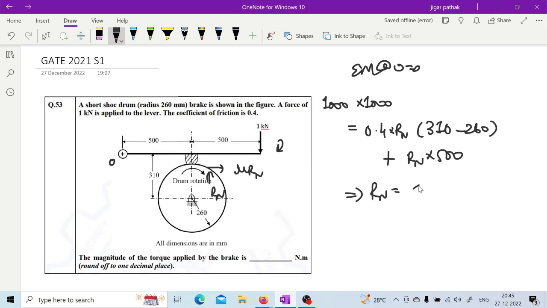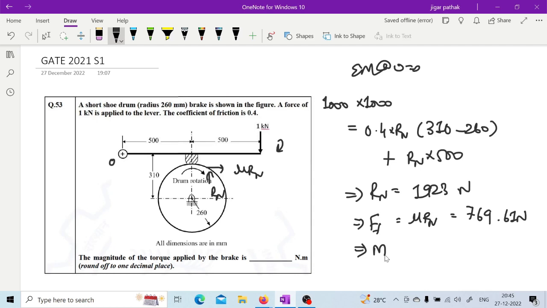It is almost around 1923 Newton. So once you have this Rn, you can calculate the frictional force as mu Rn. Mu is given as 0.4. So what is this frictional force Ff? It is 769.231 Newton almost.